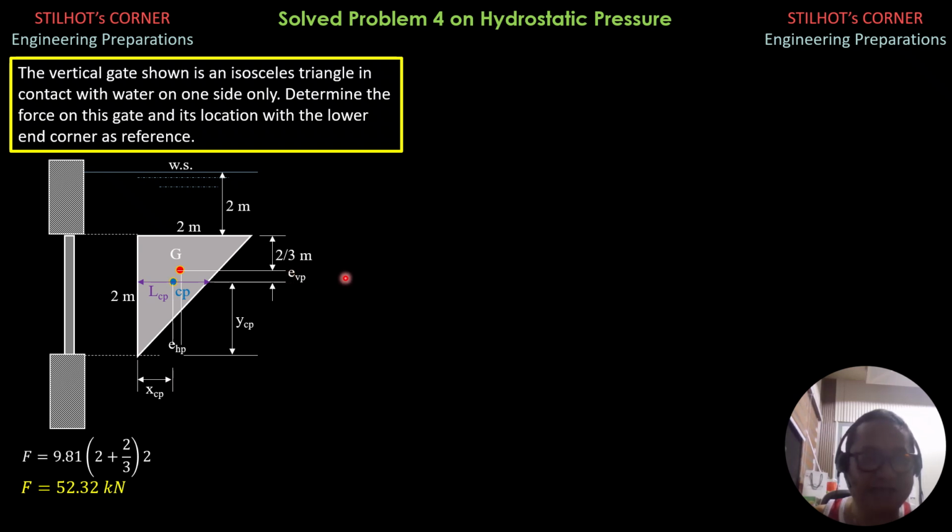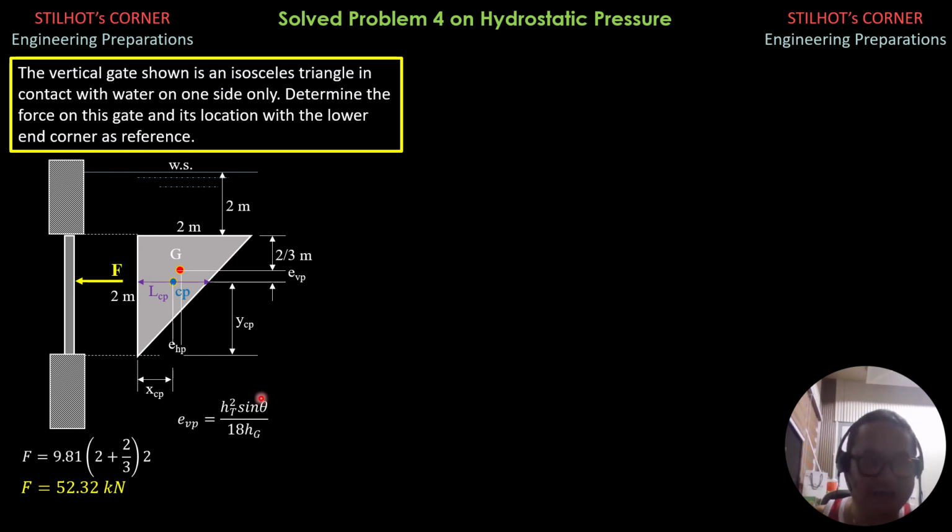So it is Igx sine theta over area times Hg. So E sub Vp is I sub Gx sine theta over area of triangle times Hg, which reduces to this formula here: height of triangle squared times sine theta over 18 Hg.